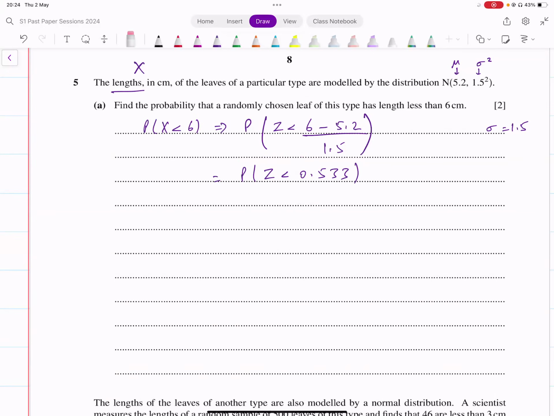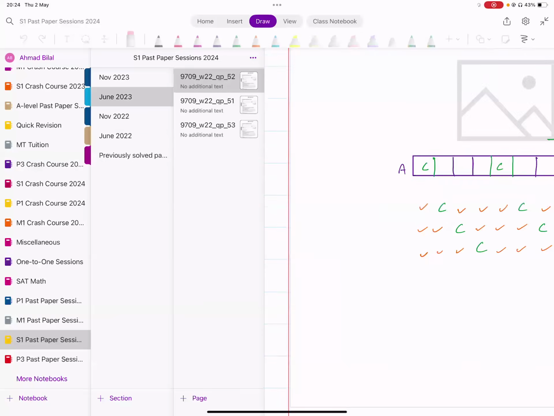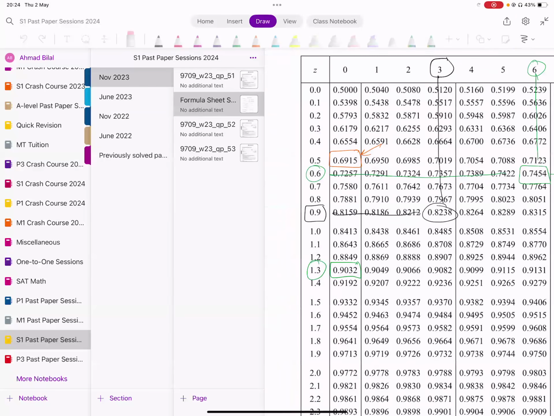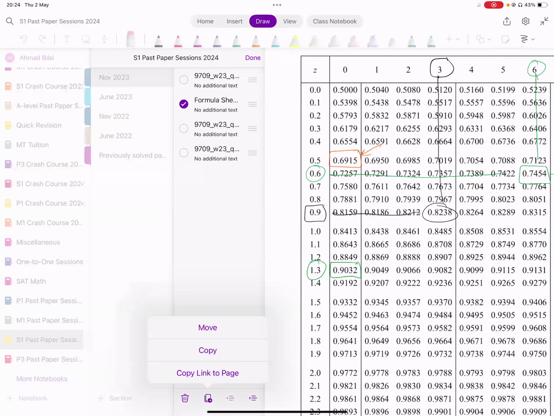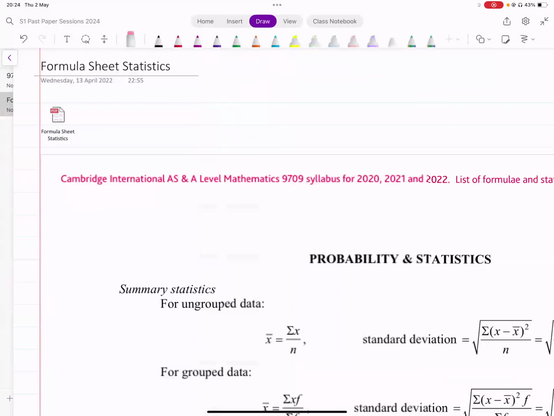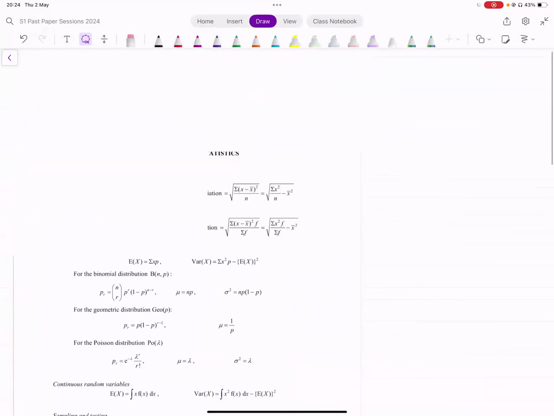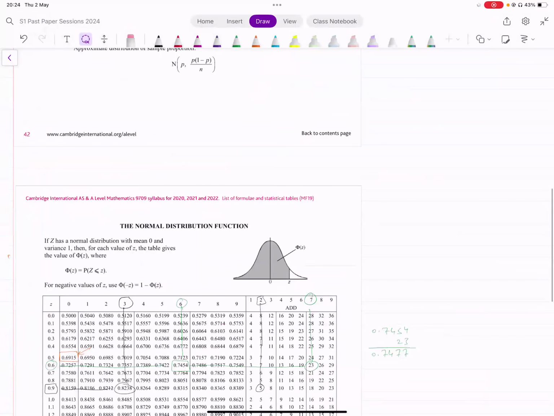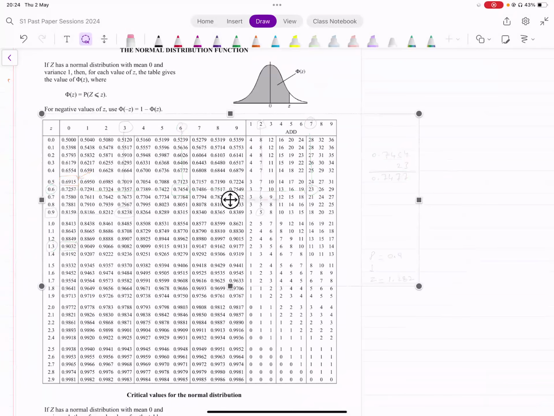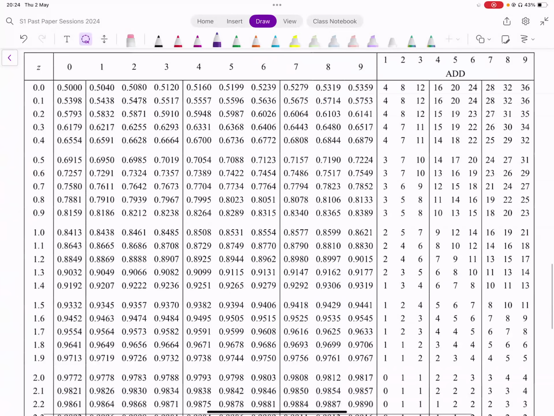Okay, let's do that. 0.533. Let's find this value in the table. All right, 0.533.